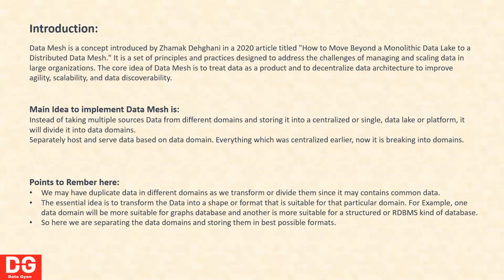The essential idea is to transform the data into a shape or format that is suitable for that particular domain. For example, one data domain will be more suitable for a graph database and another for a structured or RDBMS kind of database. So here we are separating the data domains and storing them in the best possible formats.